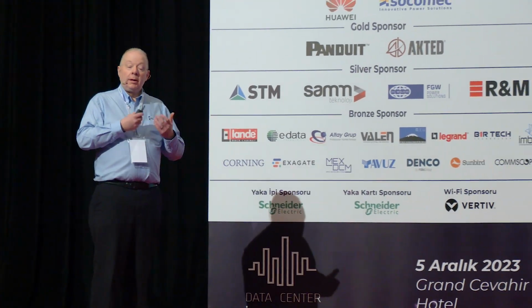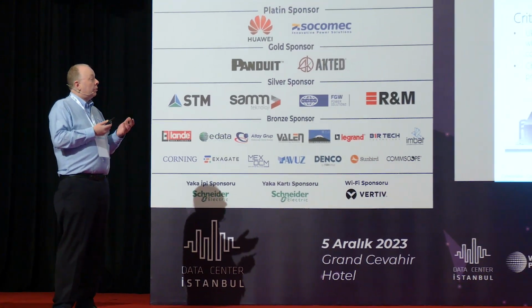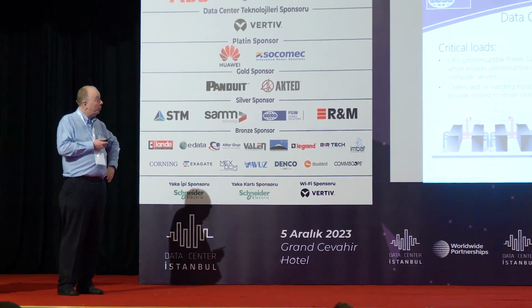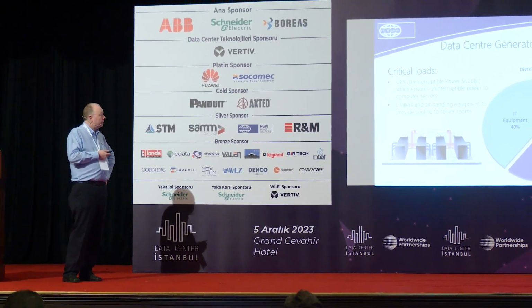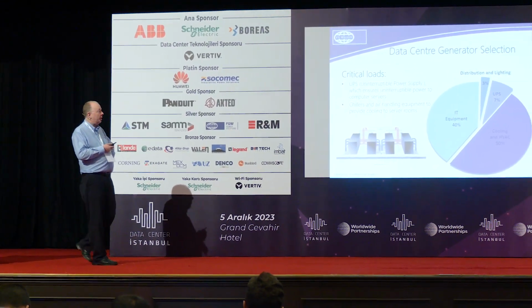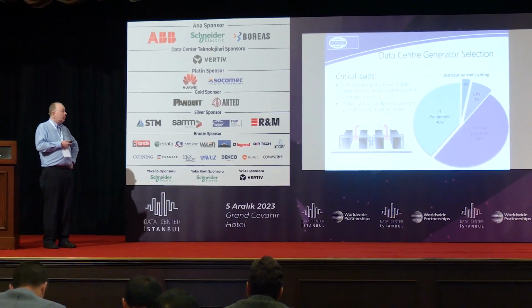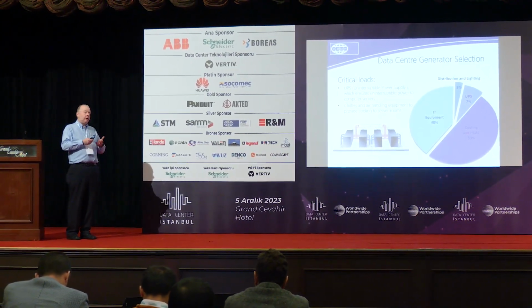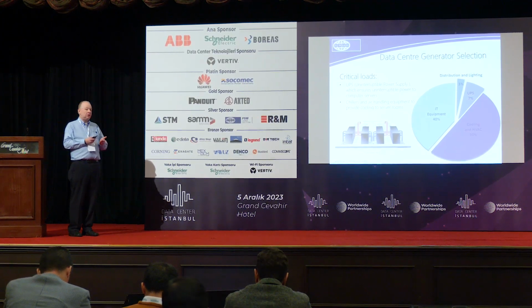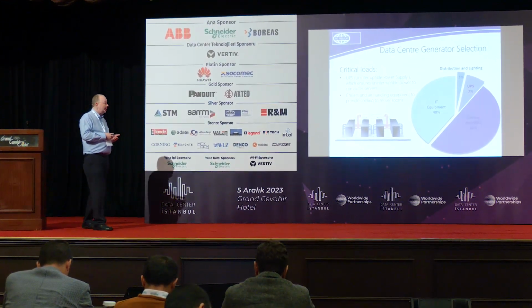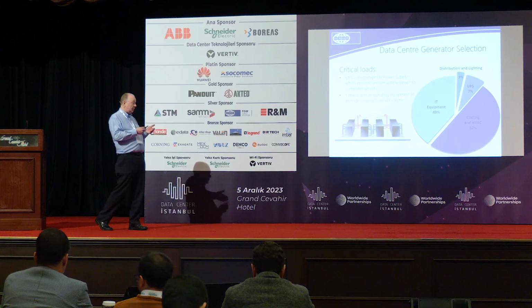So when you're selecting gensets for data centers, it's very important to look at the critical loads and managing those critical loads. When we're looking at critical loads, primarily the UPS and chiller load, we need to not only look at the actual matching of the generator to the genset sizing.